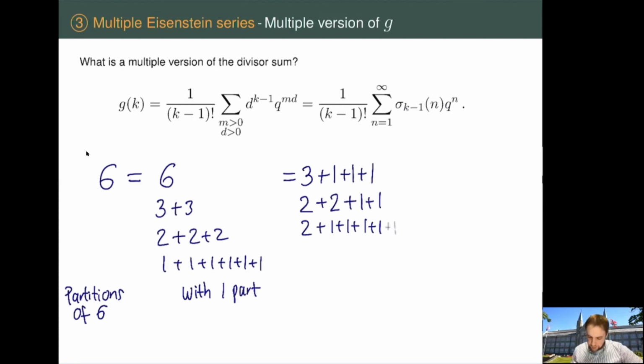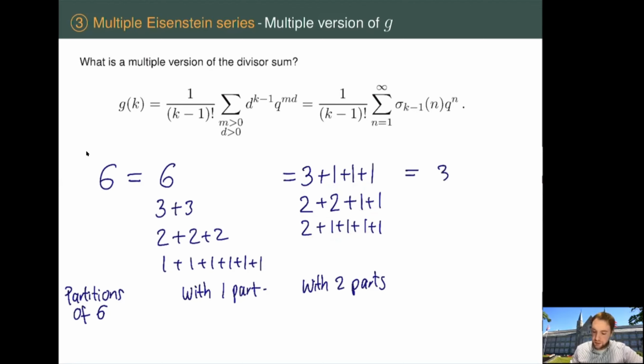And so these are also partitions of 6, but now I allow 2 different parts. So here in these partitions I always have 2 different parts, but there are more partitions of 6.